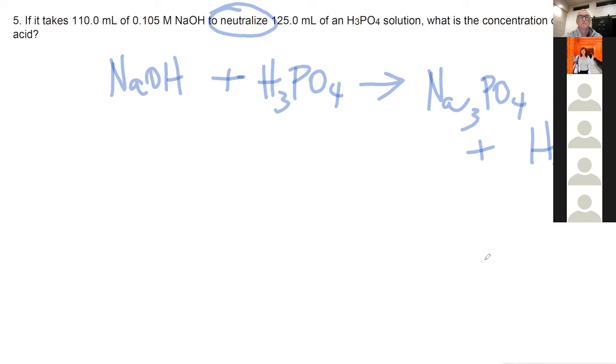Place 3 in front of the sodium hydroxide. Right, we need 3 sodiums, because there's 3 sodiums on the right.